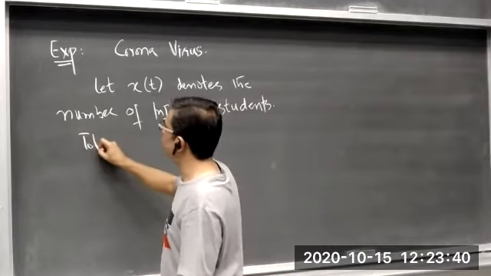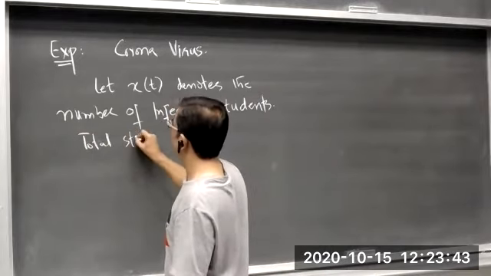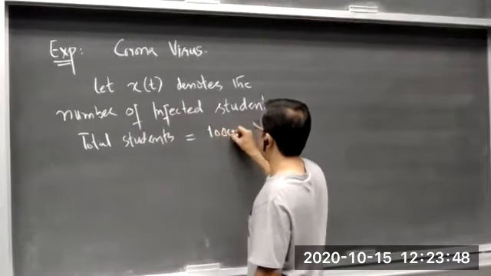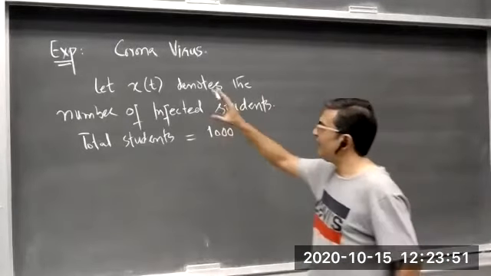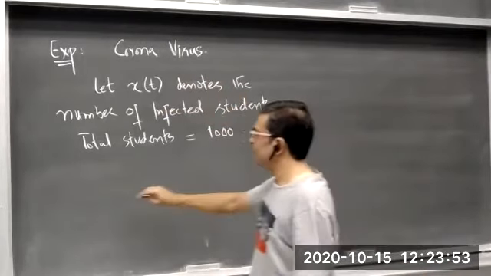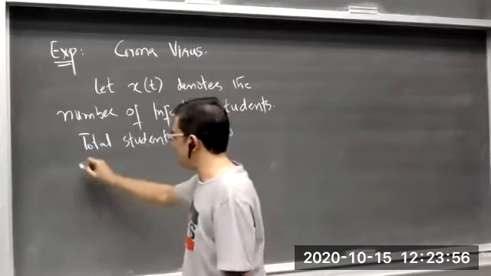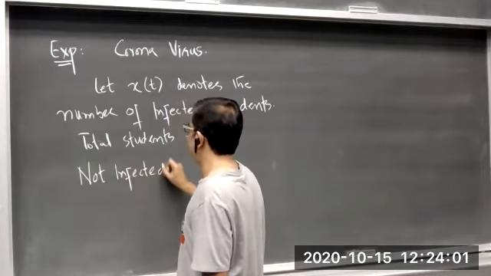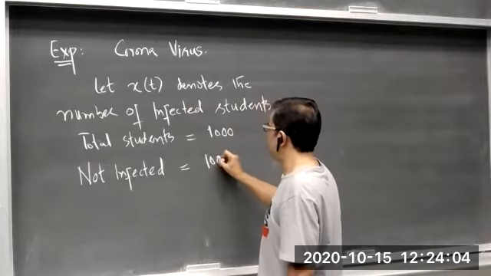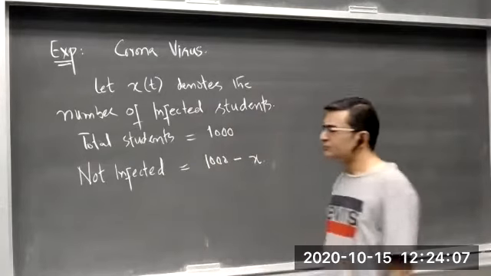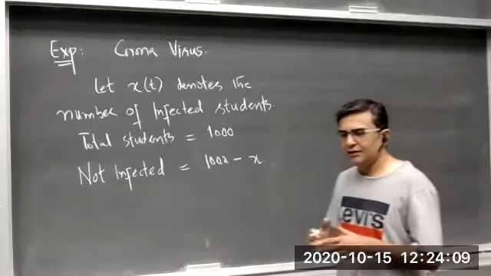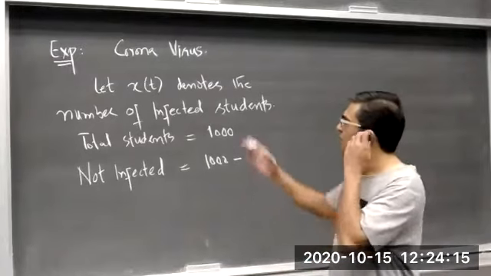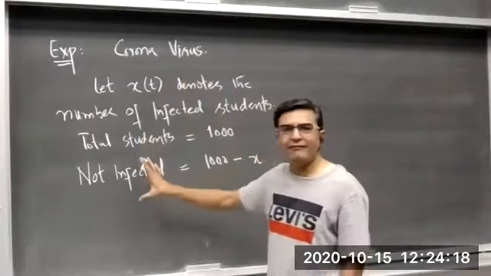And the total number of students residing on the campus is 1,000. If there are x students who are infected, then the number of students who are not infected is 1000 minus x. Now, the spread of the coronavirus is proportional to the infected as well as the non-infected students.